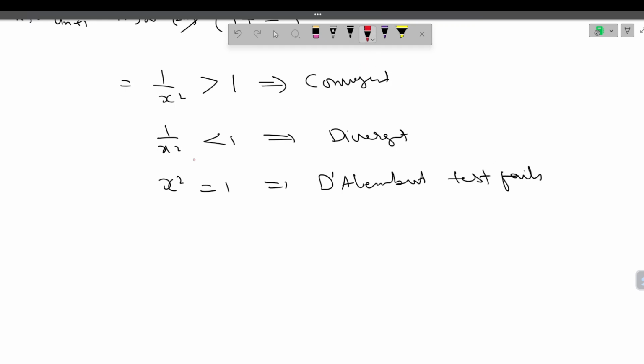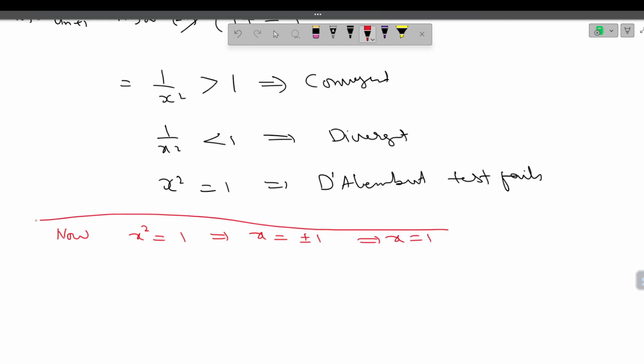Now we have to go for x square equal to 1. X square equal to 1 implies x equal to plus or minus 1. But we are testing only for x equal to 1, only the positive value. Now we are applying the test again.